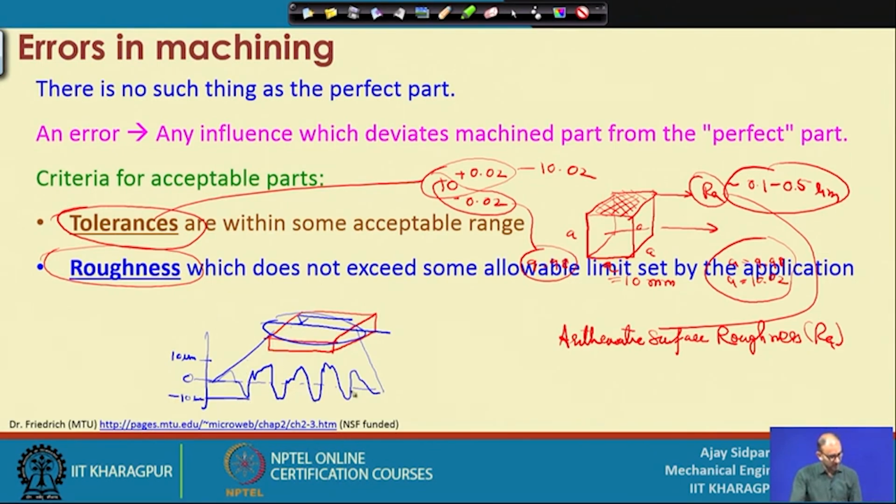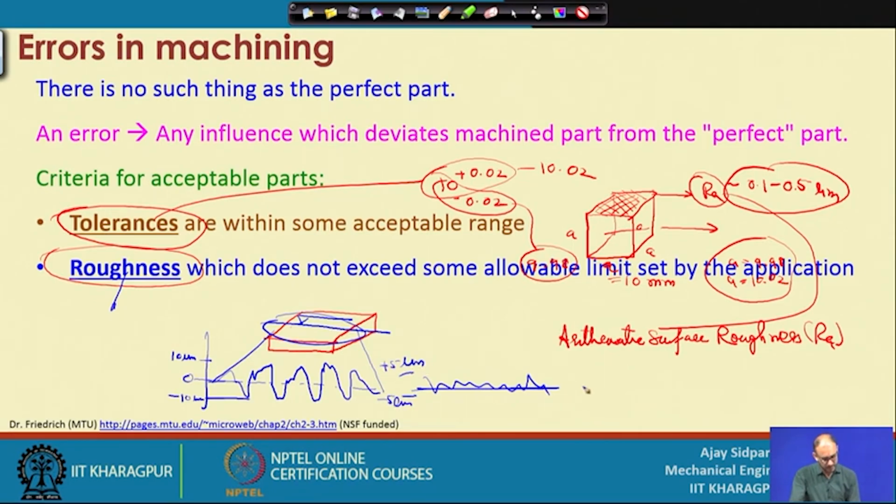But you will never get this particular profile as a straight line, because it is of a stochastic nature. You always get some roughness, only the scale will reduce. Suppose you polish this component, then this will be reduced, and this variation will be plus or minus 5 micron.